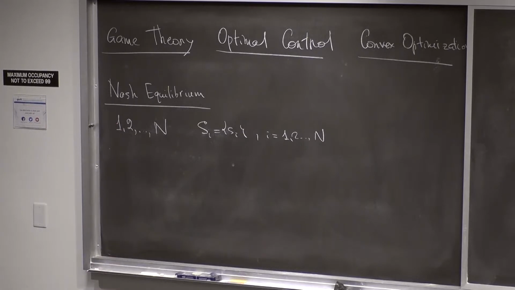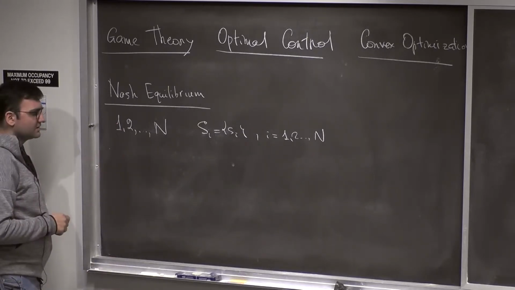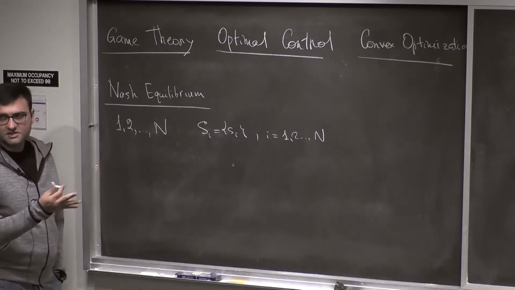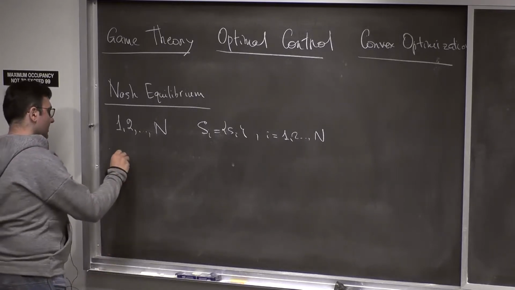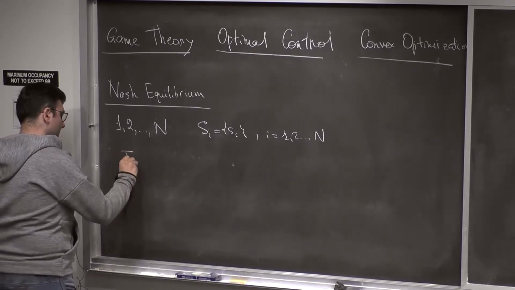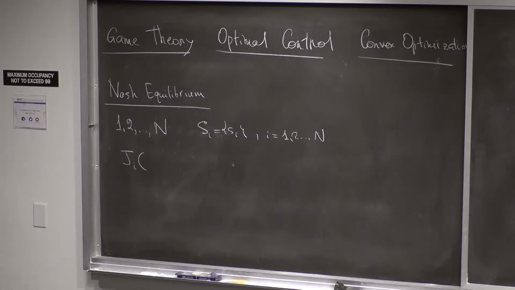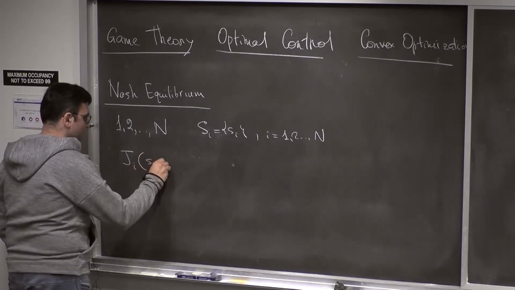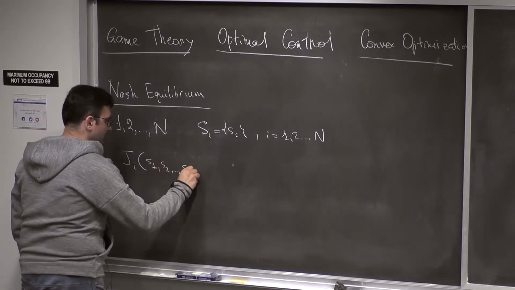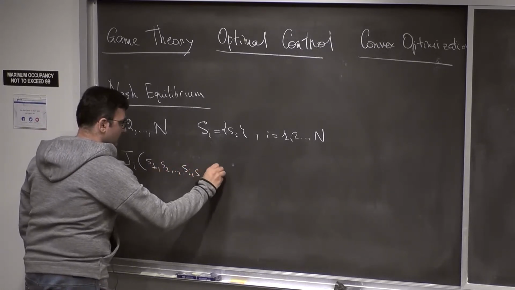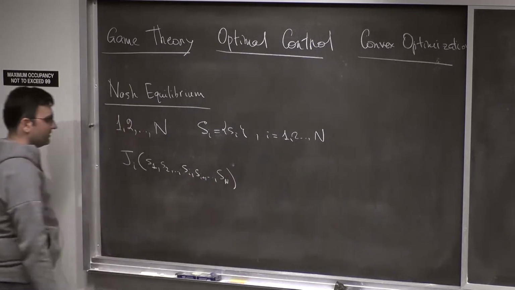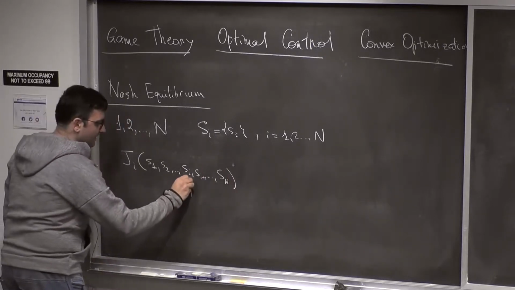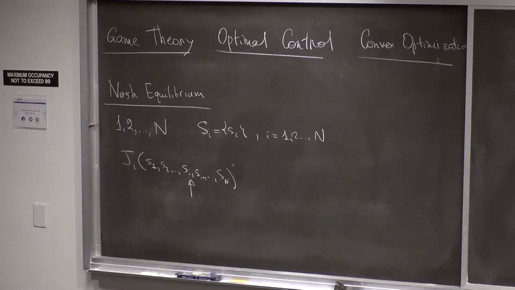Also, let's assume that each of the players, and I'll use agents or players interchangeably, has a cost, given by J_i, and it depends on the action of player i and on the strategies of other players.